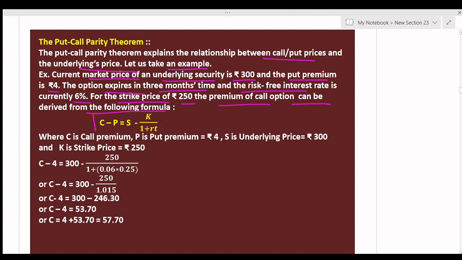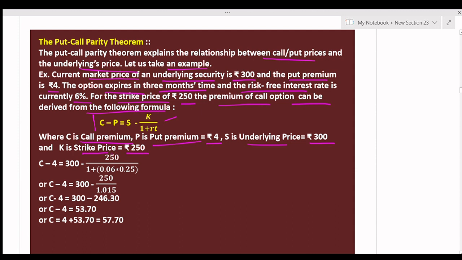C minus P is equal to S minus K by 1 plus RT, where C is the call premium, P is the put premium, here it is rupees 4, S is the spot price, the underlying price, here rupees 300, and K is the strike price, here rupees 250.